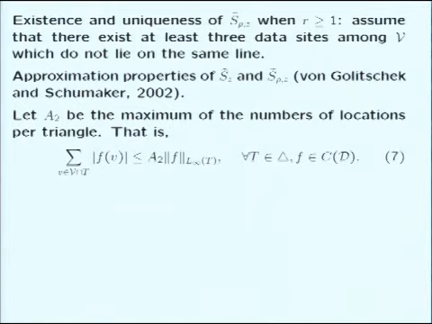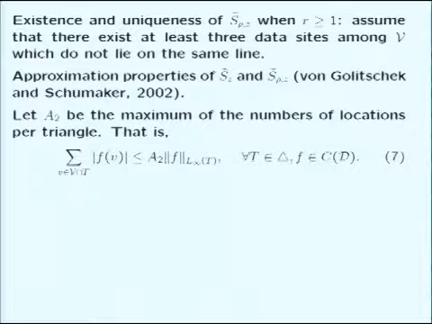Now, rho here stands for the penalty. If you assume that there exist at least 3 data sites that don't lie in the same line, then you can prove the existence and uniqueness of this spline with penalty. Sorry, and it has nice approximation properties.